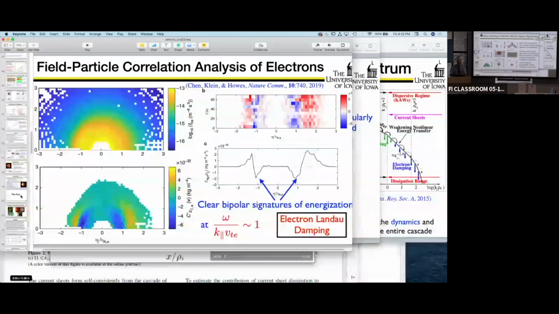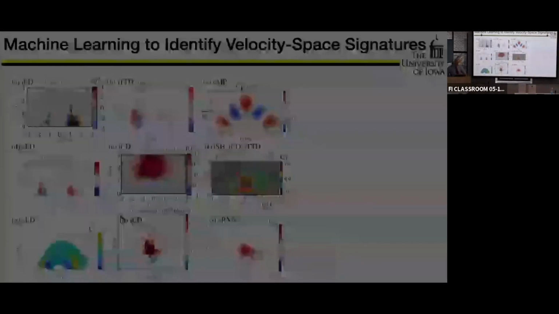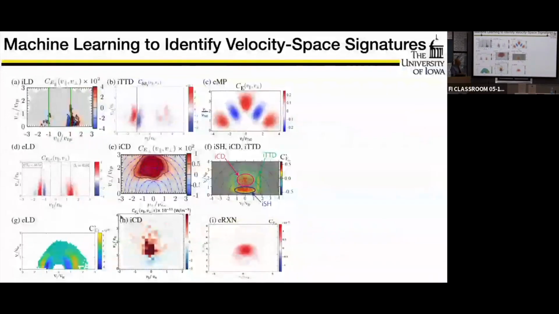All of these are the same mechanism and they look more or less similar. But the one thing that can be a little bit complicated is reconnection. Reconnection with a strong guide field looks a little bit like electron Landau damping, and it's a bit hard to tell the difference sometimes. But again, then it comes down to quantitative things.